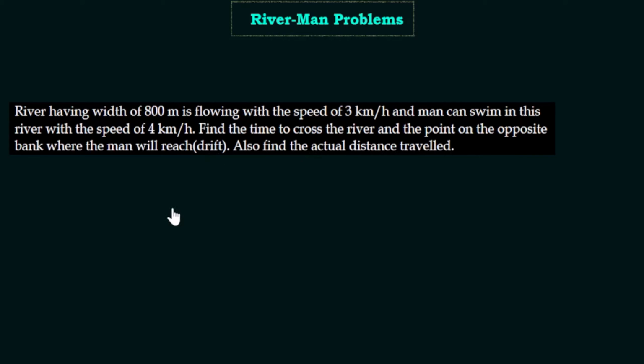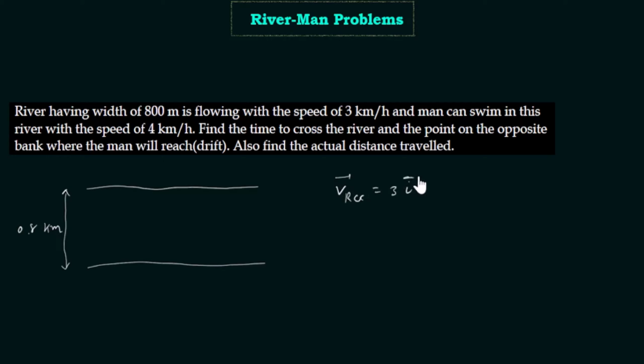Okay, so consider this is the river and it has width of 0.8 kilometer. Velocity of river with respect to ground is basically 3 i cap, and the man can swim with the speed of 4 kilometer per hour.